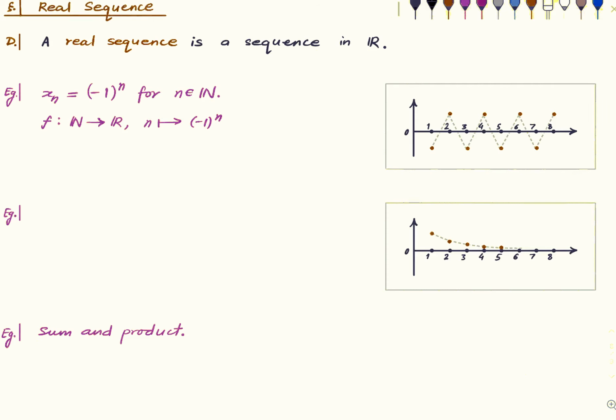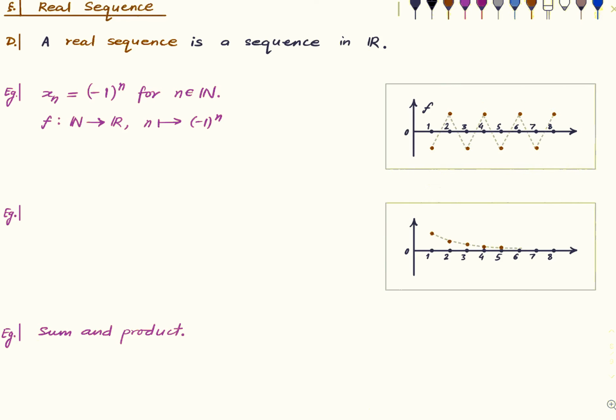Here on the x-axis, even though we have drawn the entire line, the domain of the function is only naturals. So these are the only points on which f takes some value. So this is the graph of f. And what does it do? At 1, it takes the value -1. At 2, it takes the value 1. At 3, it takes the value -1, and so on. So these dots are all that there is in the graph, but we have joined them using dotted lines just for visual convenience. So it's a very simple thing.